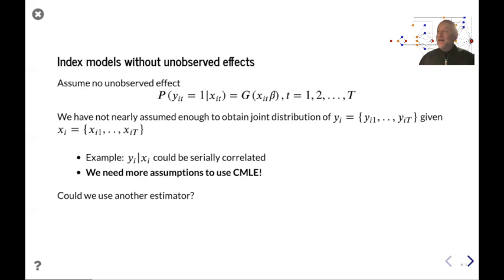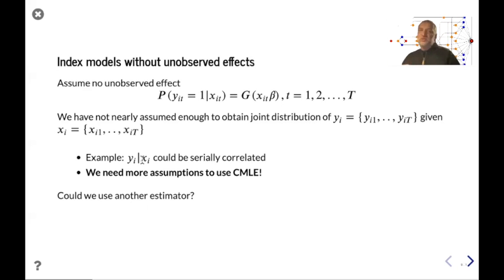And without that, we don't have enough assumptions yet to have specified the full conditional distribution of yi1 all the way up to yiT, given xi, the same sequence of sets of explanatory variables. So, for example, you could have nonzero correlation.